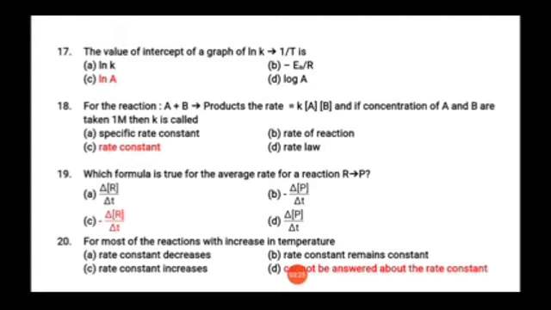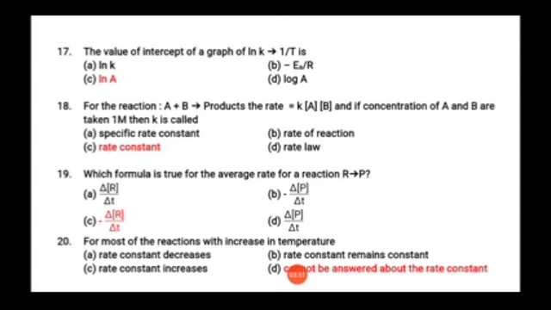Next multiple choice question, that is for the reaction A plus B gives products, and the rate is given by k, concentration of A into concentration of B, and if concentration of A and B are taken 1 molar, then k is called. We know that always in the differential rate law, k is known as rate constant.